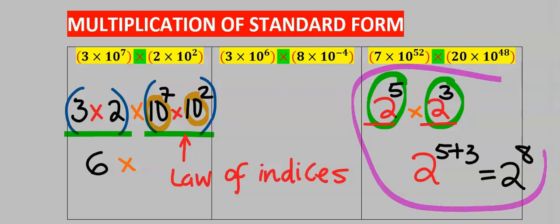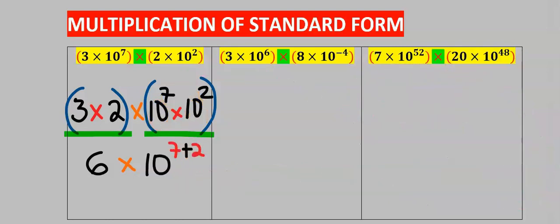This is the law of indices, and I'm going to apply this to 10 to the power of 7 multiply 10 to the power of 2. Simplifying this further, this is our answer.